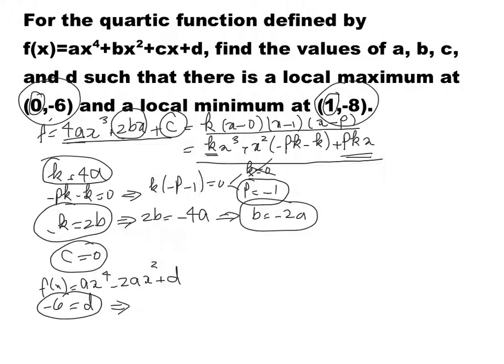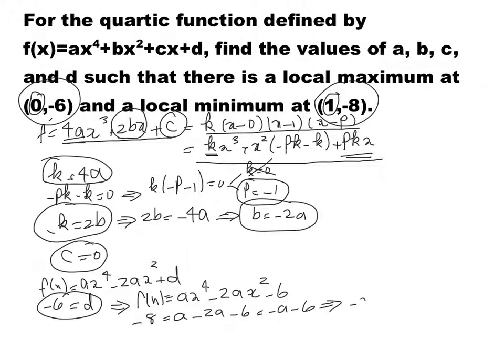Also, this means that f of x is equal to ax to the 4 minus 2ax squared plus d, which is negative 6. Now we know that when x is 1, y is negative 8. So negative 8 is equal to a times 1 to the 4 is a, minus 2a, minus 6, which is minus a minus 6. If I move negative 6 to the left, it becomes positive 6. Negative 8 plus 6 is negative 2.